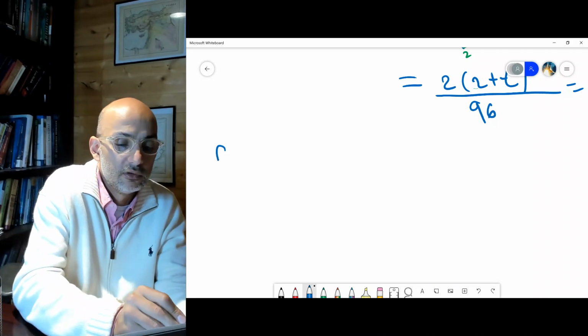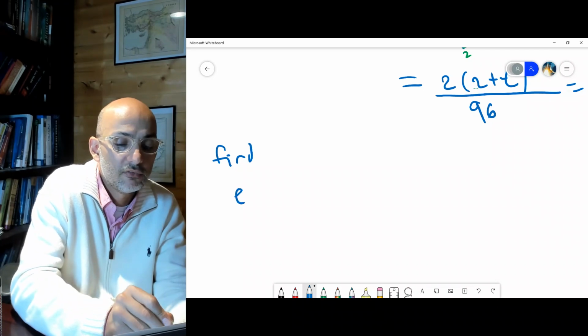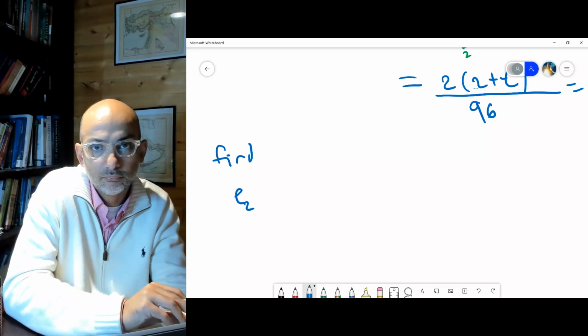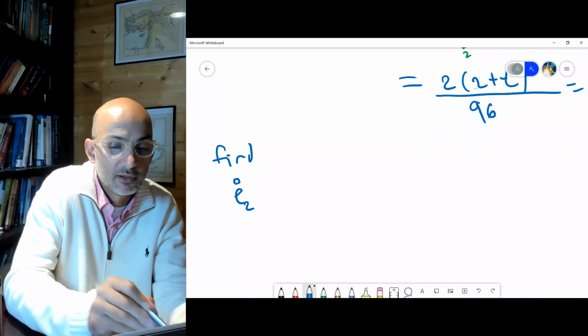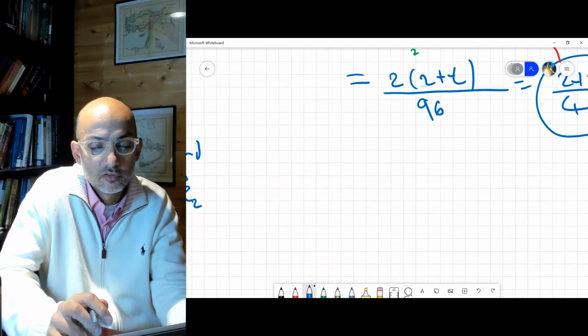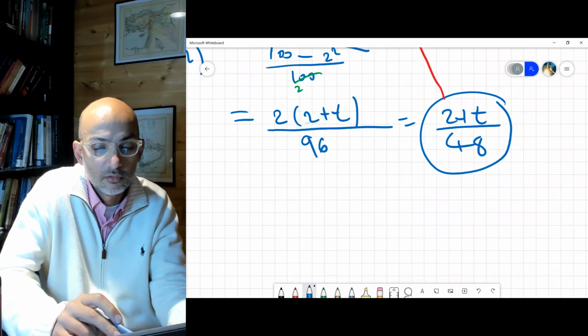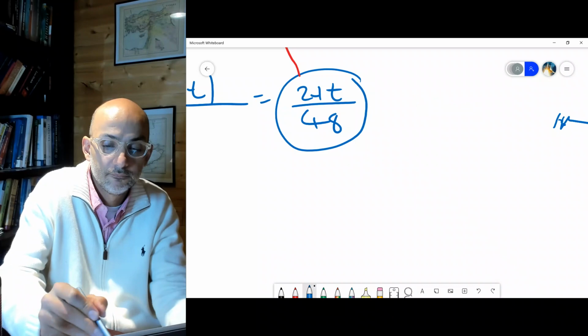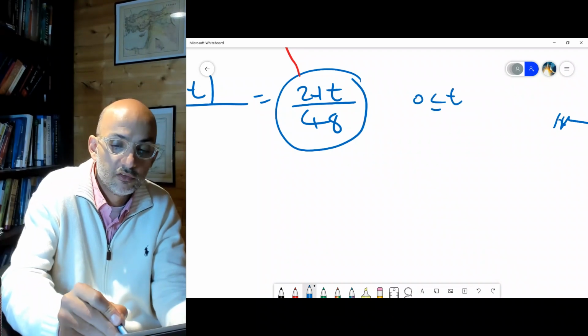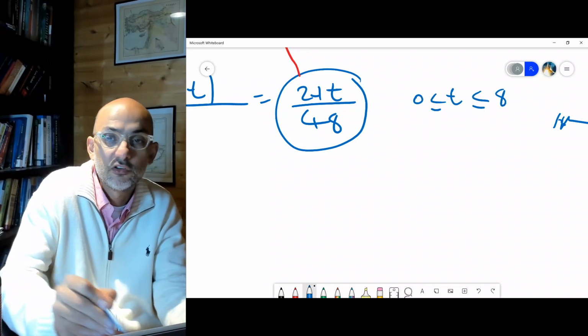So now the question is to find, instead of at time 0, at time 2, the expected remaining lifetime at 2. I failed to say something here. The remaining lifetime is bounded between 0 and 8, because the original was 0 and 10.